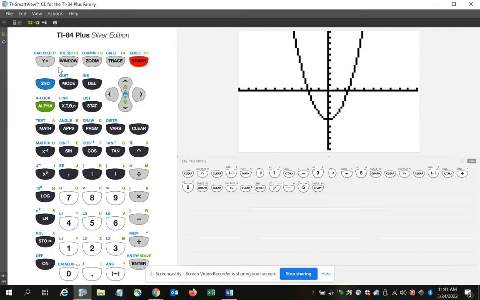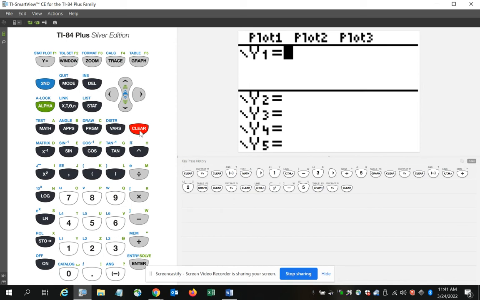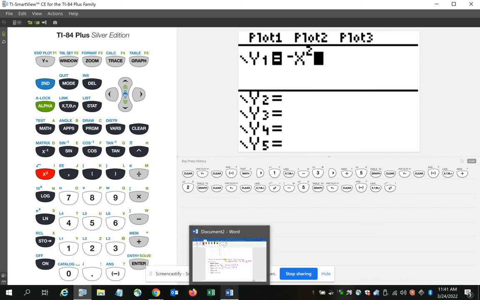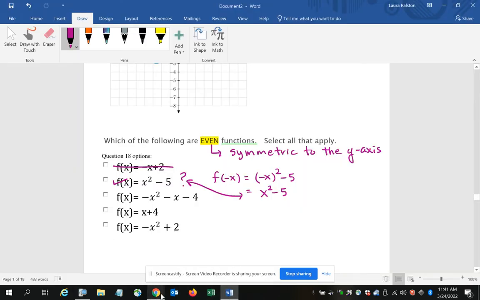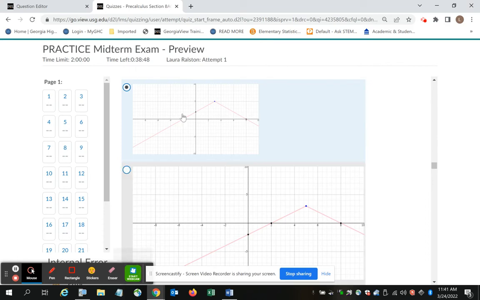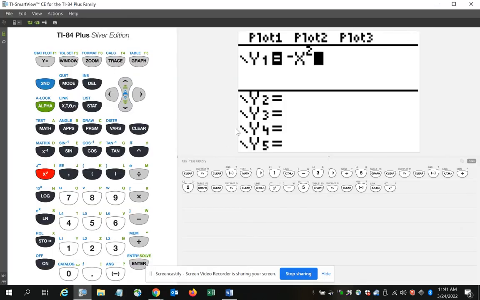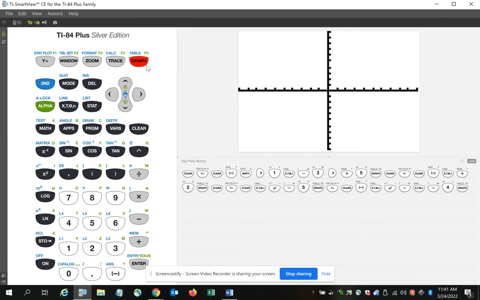We have negative x squared, and I forgot the rest of it, minus x minus 4. Whoops, excuse me. Minus x minus 4. Okay, and we're going to graph. Now, when I look at that one, it looks like it's a little bit off. It doesn't look like it's centered.